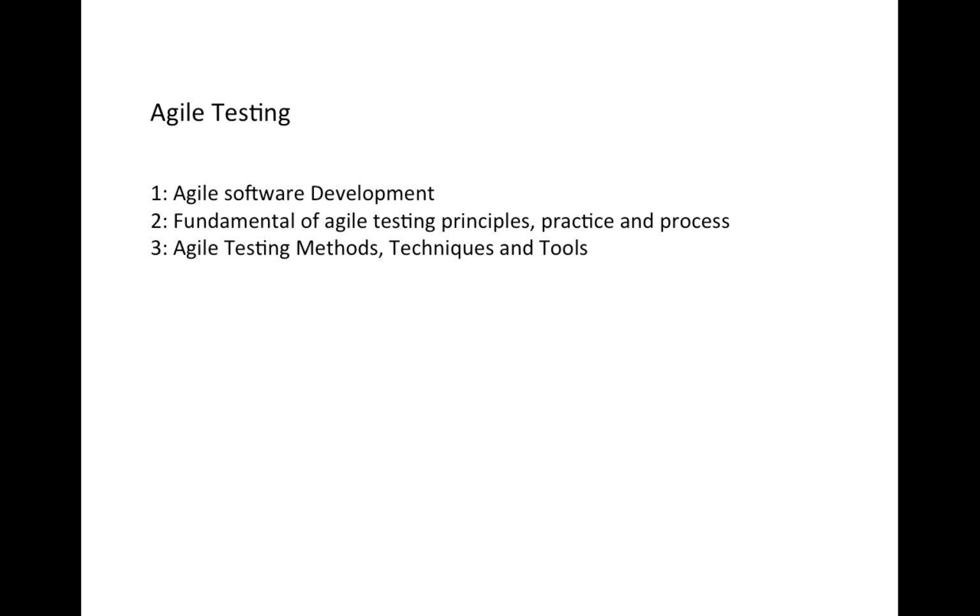We will go deep inside each of them to understand what they mean, how they are related, what areas they cover, and so on. So let's start with number one, agile software development.